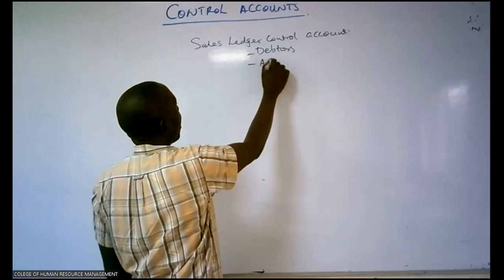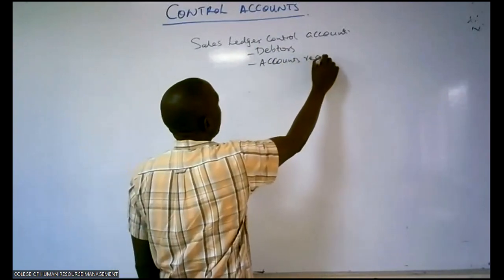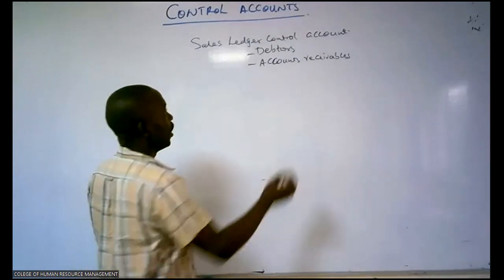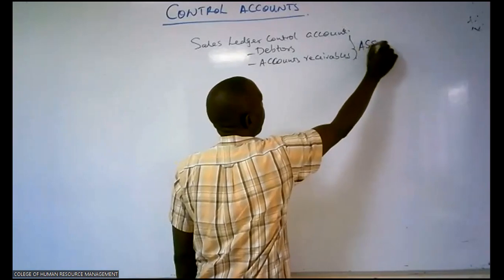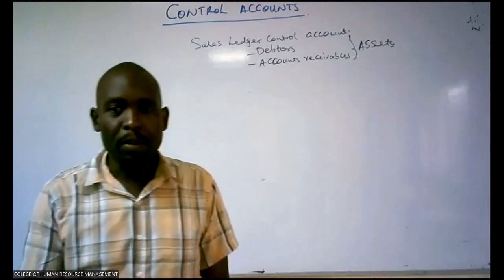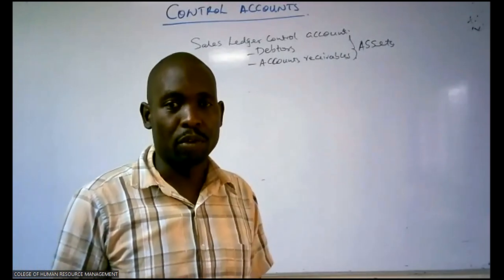Debtors are also known as accounts receivables. They are in the group we call the assets. Debtors is the other name for accounts receivables.